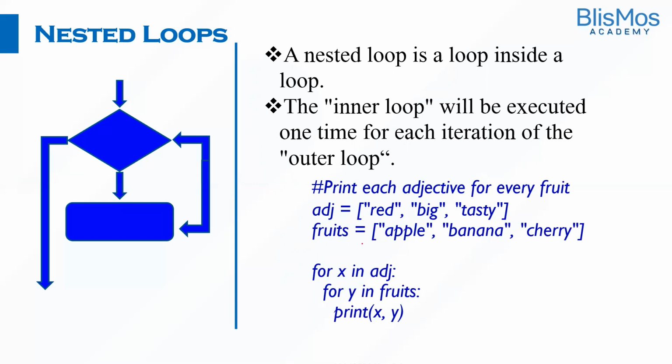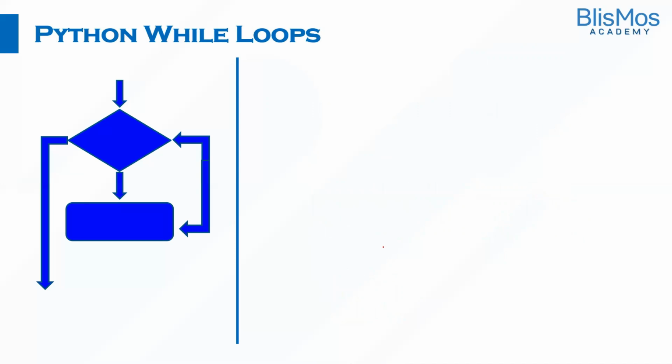I want to iterate through both the lists. In that case, we can have a nested loop. As we have already seen nested ifs, in the same way, we are nesting this loop within this loop.